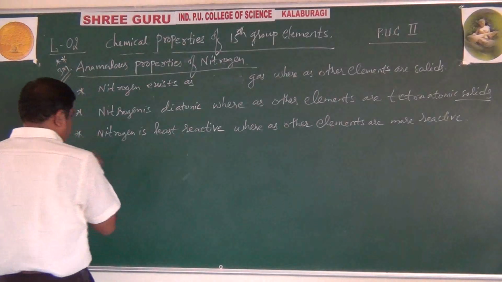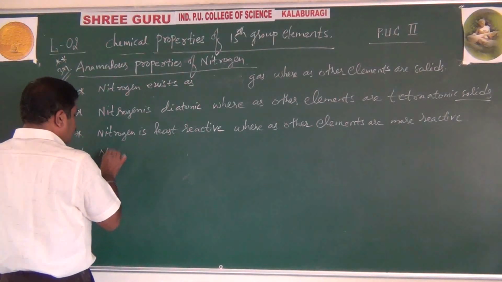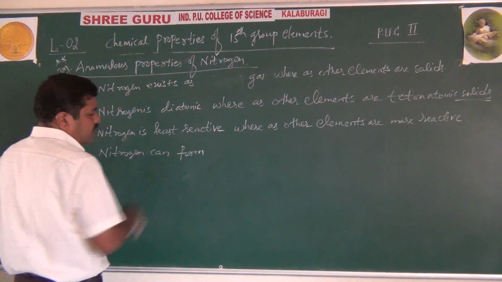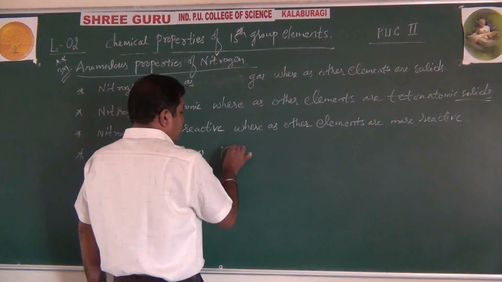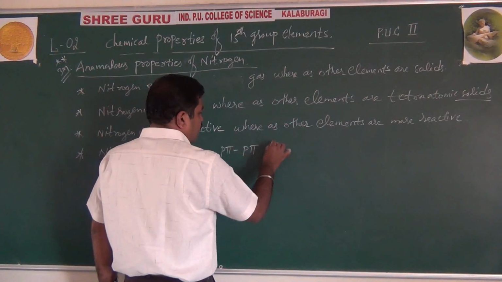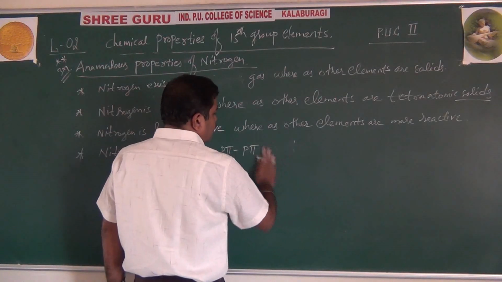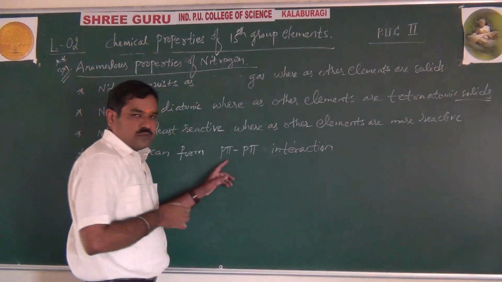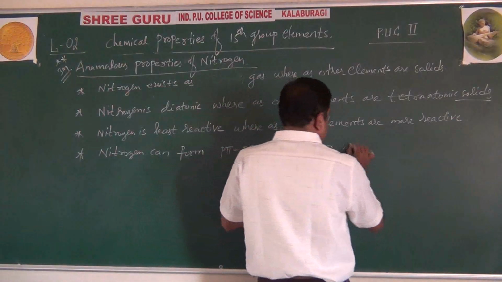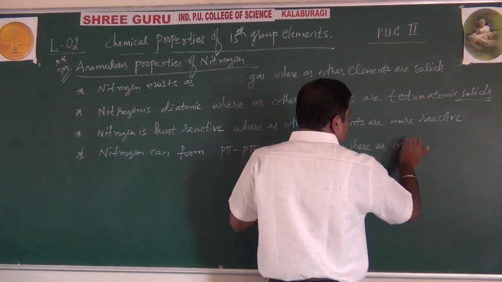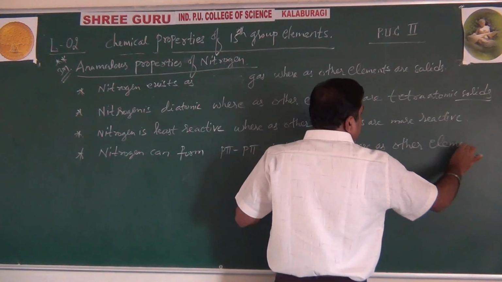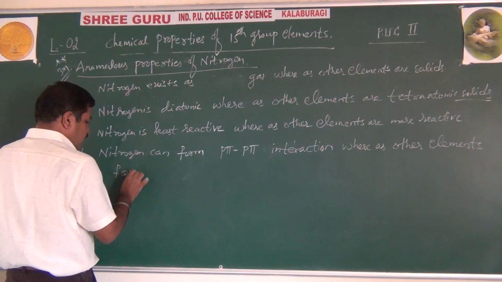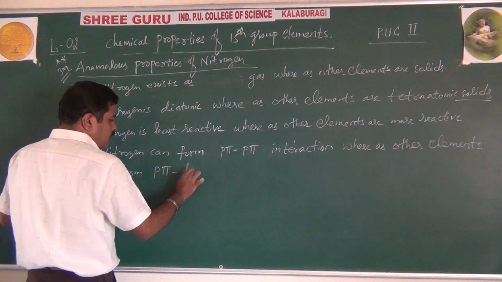Then nitrogen can form pπ-pπ bonds or pπ-pπ covalent bonding, whereas other elements form dπ-pπ interaction.